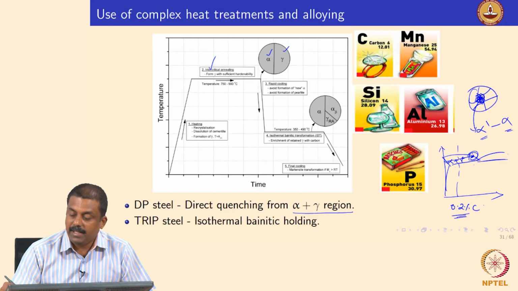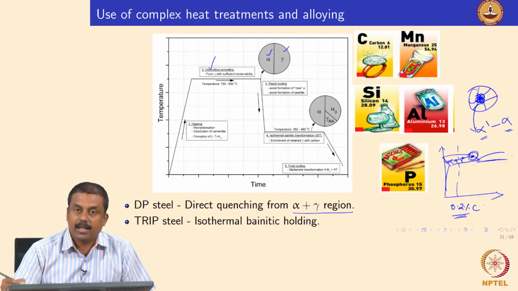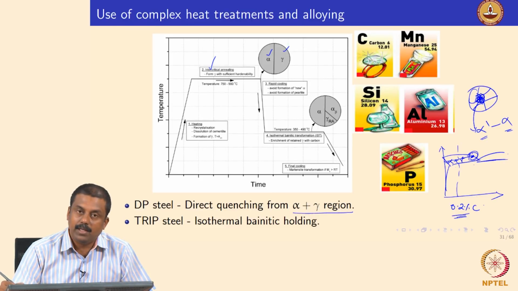With an increase in carbon concentration of austenite, we may have a reasonably slow cooling rate and still get a martensitic microstructure. Because of the two phase mixture, you will also have reasonable ductility and strength, which is needed for the advanced high strength steels.